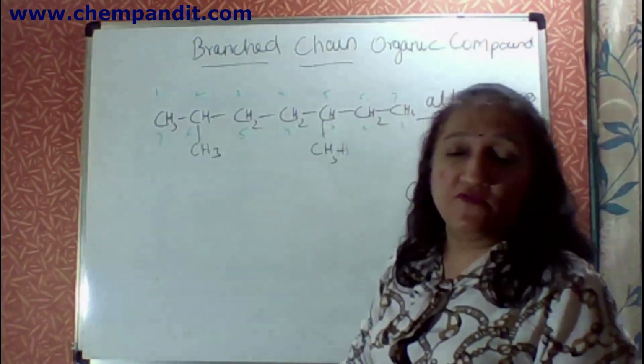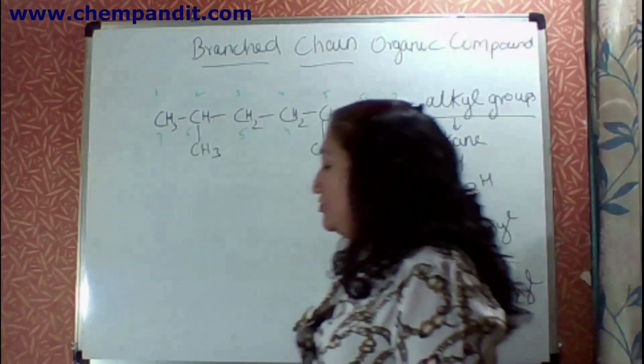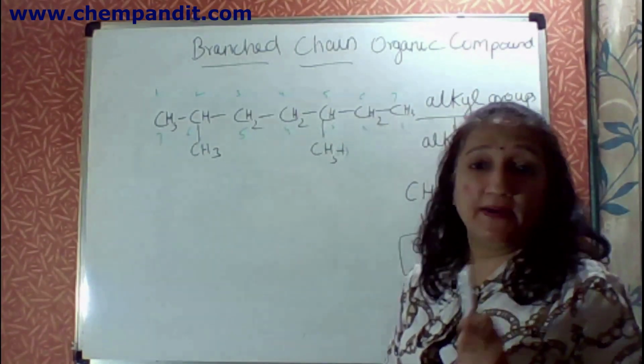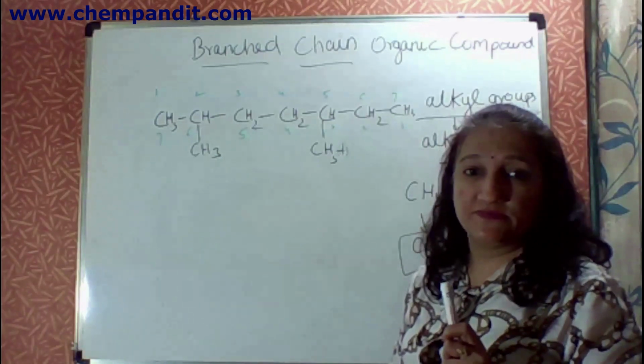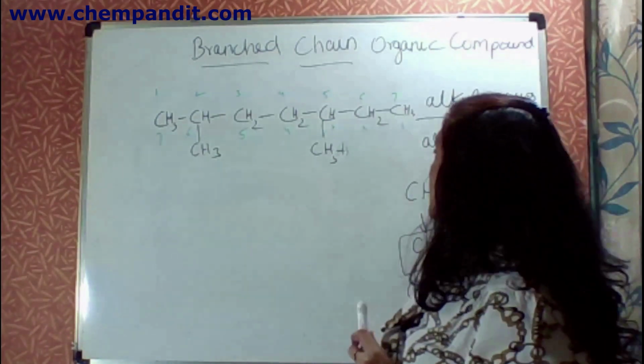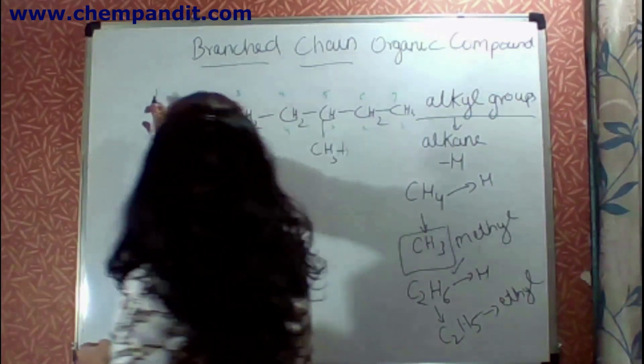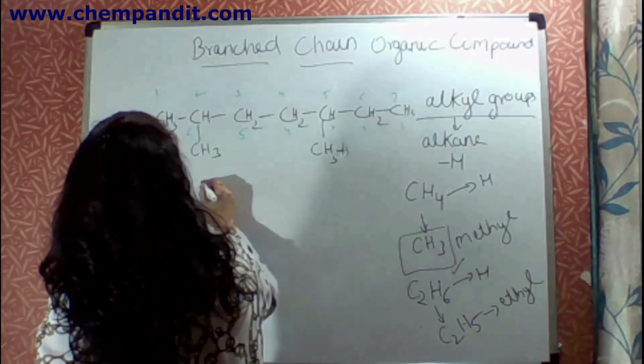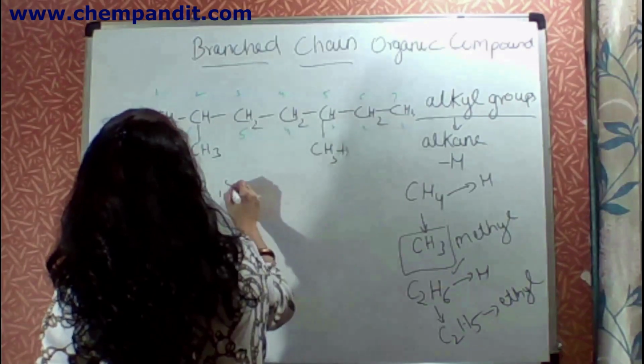Now, what is the rule followed in this condition? The rule followed will be the same as that we followed in multiple double and triple bonds. What is the rule? Suppose from left to right, the positions of the methyl groups are 2 and 5, right?